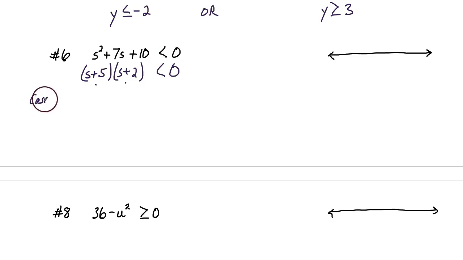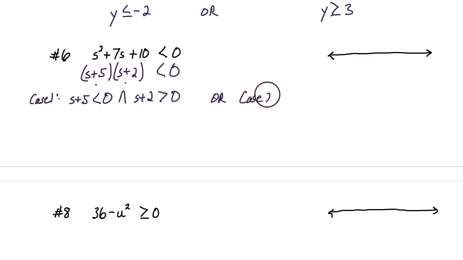Case number 1. The first expression might be less than 0, and the second one might be greater than 0. Or, now case number 2. The first expression might be greater than 0, and the second one might be less than 0.